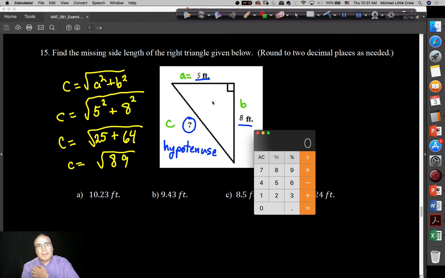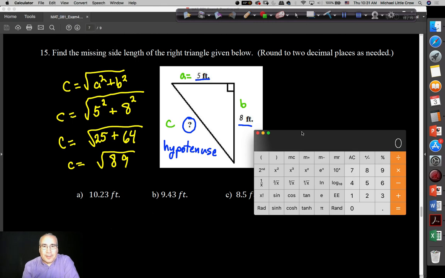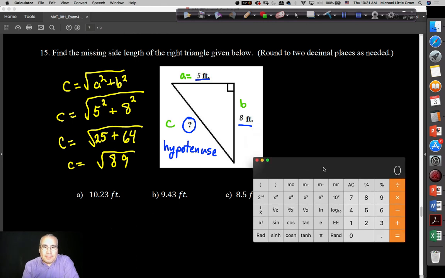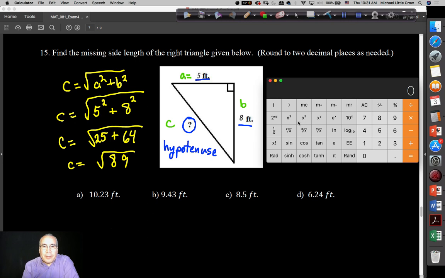So if you're using your phone, you would turn it sideways. If you turn it sideways, you'll get a calculator that looks like this, and what you'll see is there is this square root, and there's various other radicals, which you'll learn about in other classes, but this is the one we're going to want to use.